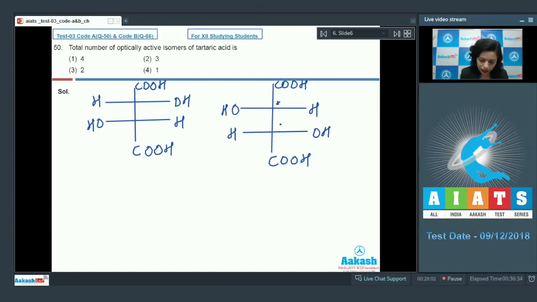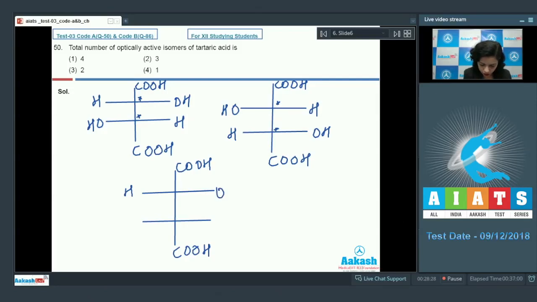We have 2 chiral centers this way, and further let's draw the next, the meso form also, and that is the meso form of tartaric acid.